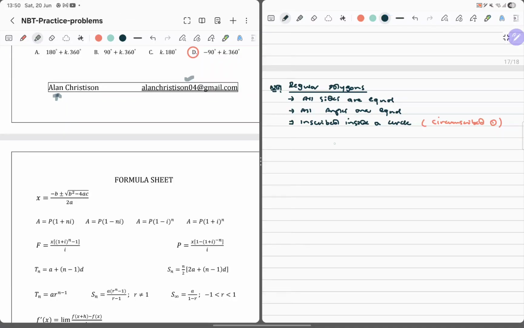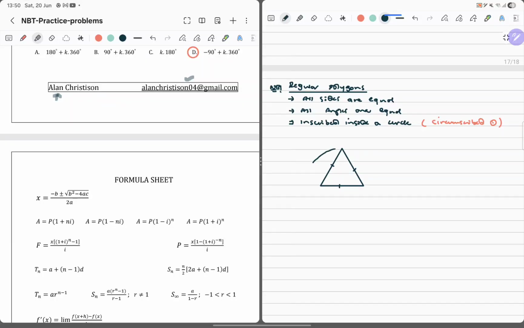Now let's take an equilateral triangle. This is the most basic regular polygon you can think about. So let's imagine this is our equilateral triangle where this side is equal to that side.